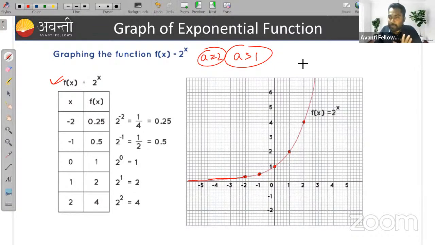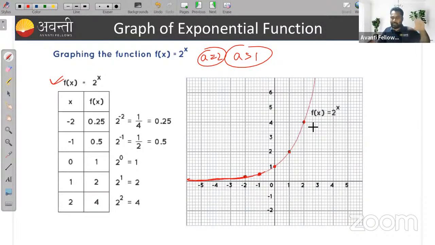Is there any such value? Can you say? Is there any value of x for which y becomes 0? No, never. So that's why it will not intersect the x-axis, and its nature is asymptotic in nature.